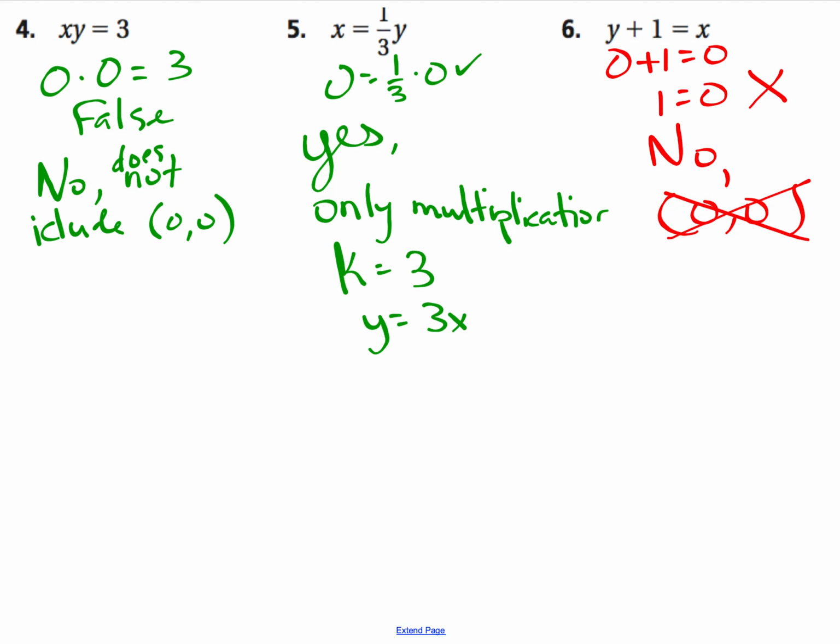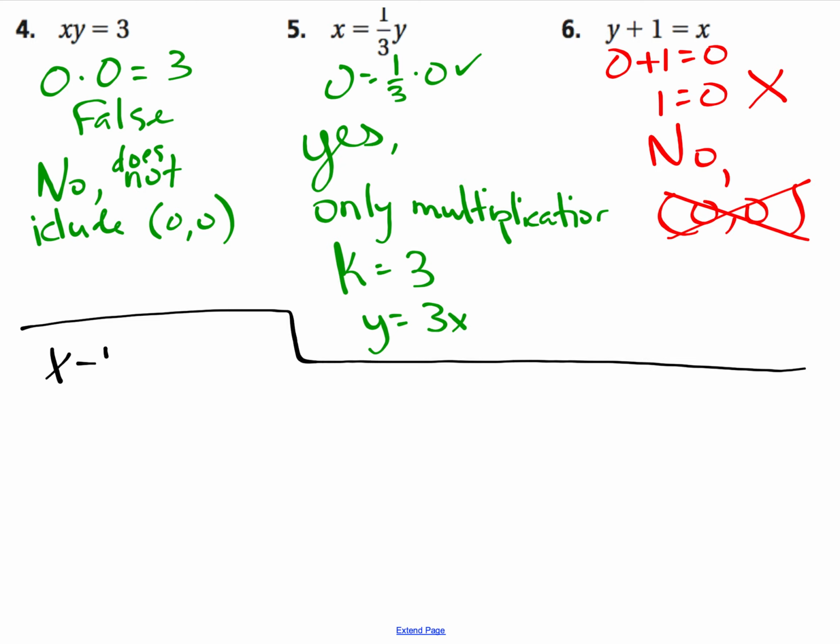Another thing you might notice here is that addition is involved and proportion should be dealing with multiplication only. There is one situation that I can think of right now where you would have addition or subtraction. It'd be something like this. x minus y is 0.